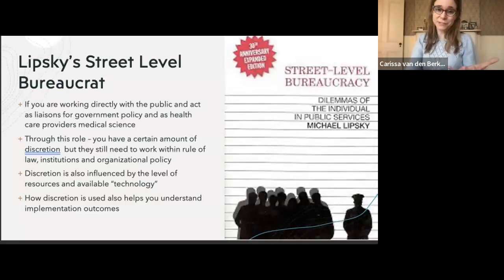So the electronic health record will affect a lot of people's discretion. Oftentimes people's working conditions also affect their discretion and the decisions they're making. And through these decisions, you can a lot of times see how things are unraveling and how implementation outcomes occur.